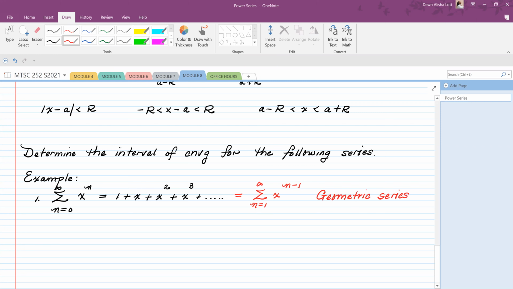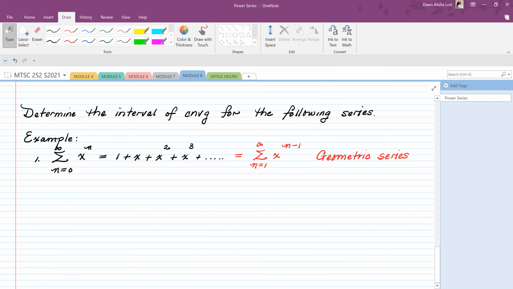So this is just a geometric series. And we said for the geometric series that this converges if the absolute value of x is less than 1. So here the radius of convergence is going to be 1 because this is about x equals 0.